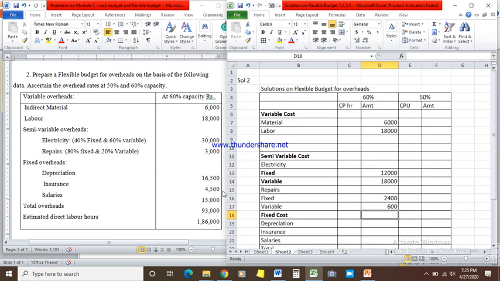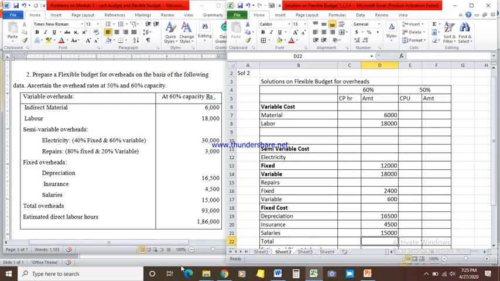Then finally we have the fixed overheads written as a fixed cost. So depreciation, insurance and salary, these three values are going to remain the same. 16,500, 4,500, 15,000. So accordingly, when you take the total of all these, we get the total overheads.